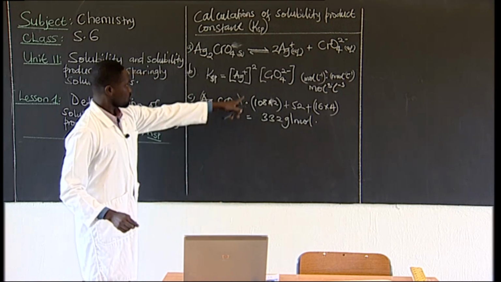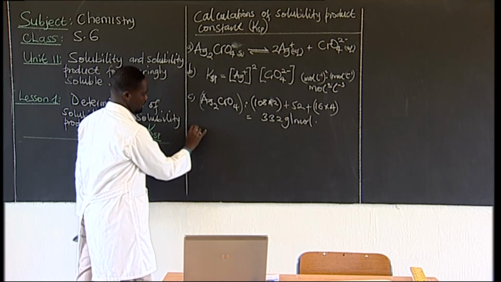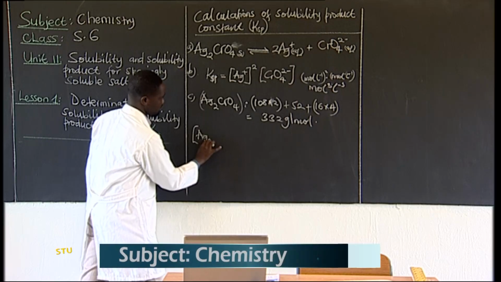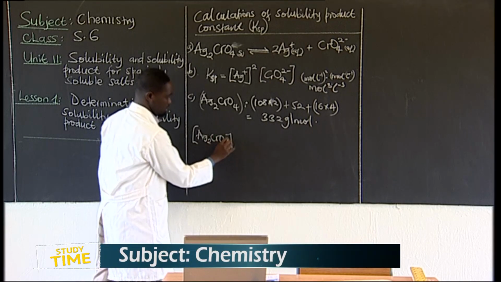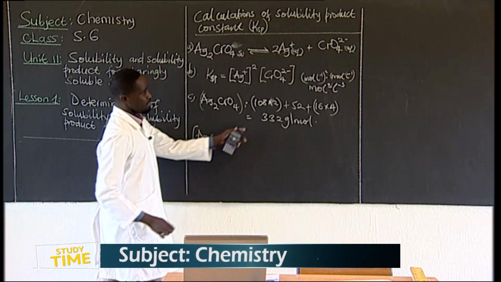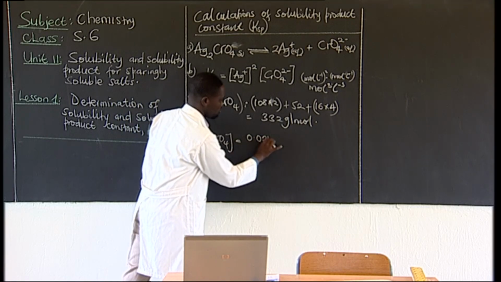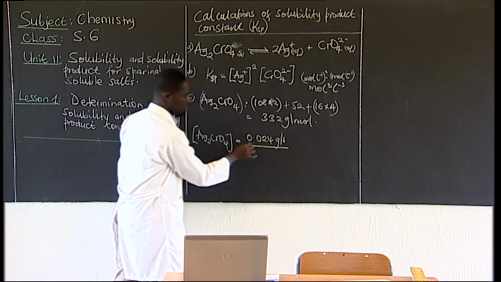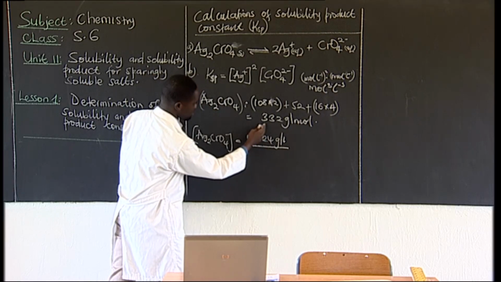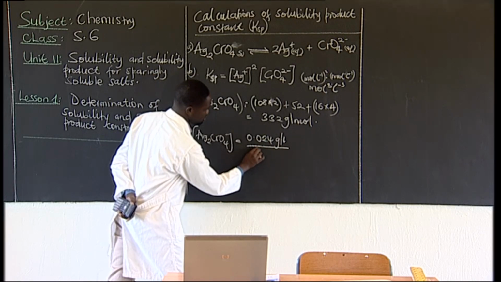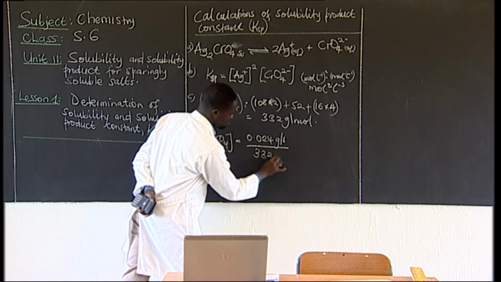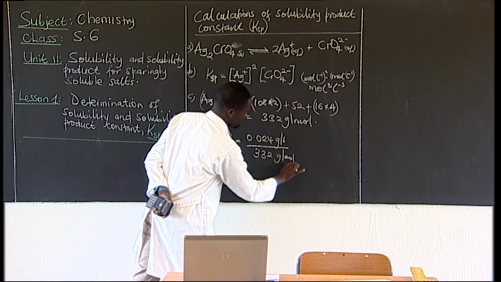The purpose is to look for the mole concentration. And the mole concentration of silver chromate directly will be the mass that we are having, 0.024 gram per liter, over the molecular mass, which is 332 gram per mole.